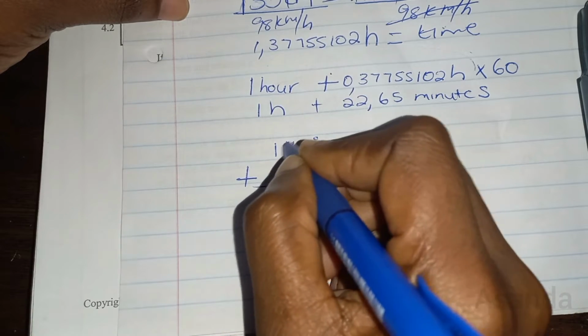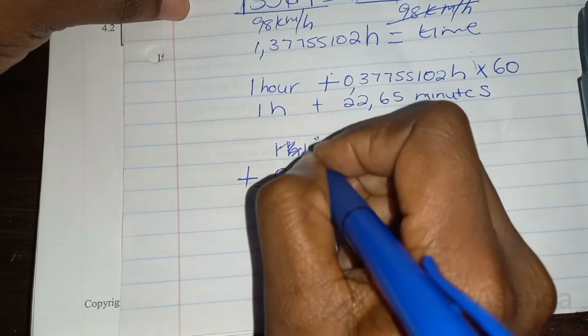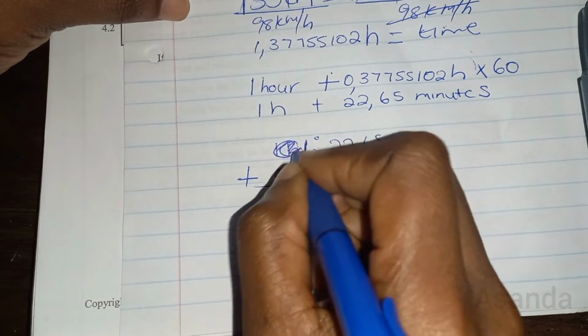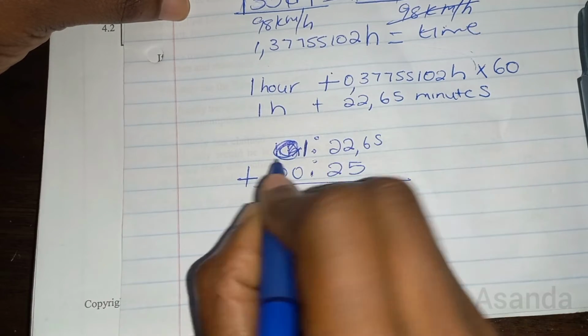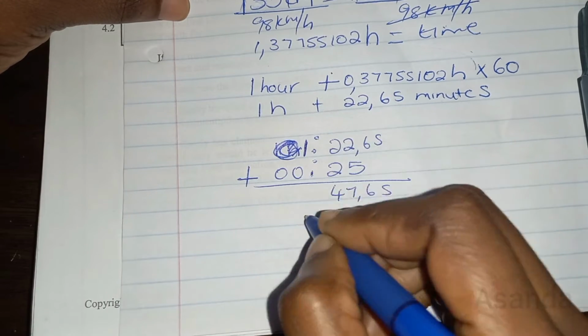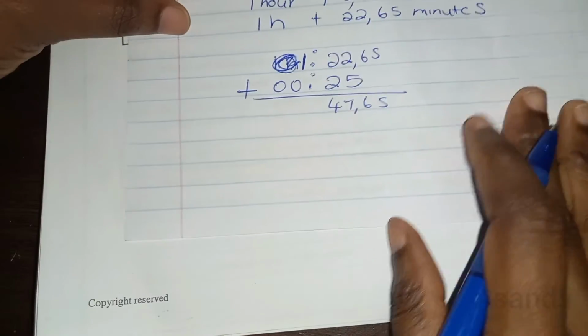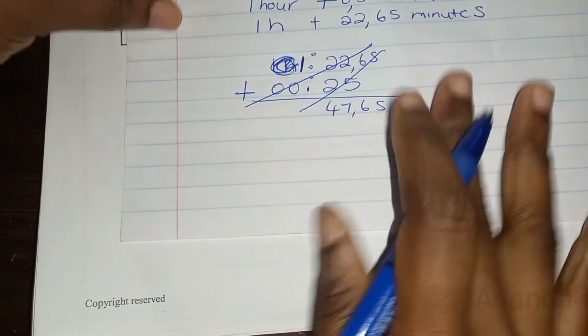Oh, why did I do that? That's 1 hour there, so that's going to be 1 hour, and then I'm going to have the 1 plus. Let me redo this part. Okay, I'm going to redo this part.